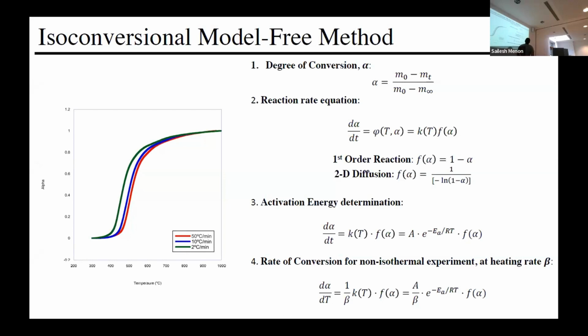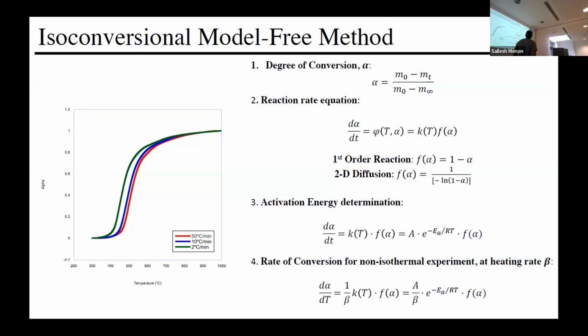This f of alpha describes a reaction model, and here are two examples of reaction models that are used. The temperature dependent function is an Arrhenius type function, which allows for the determination of the activation energy.